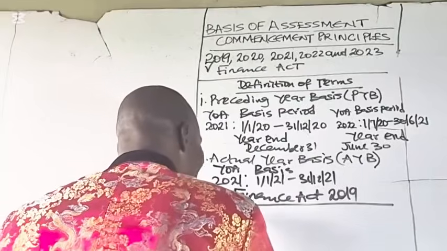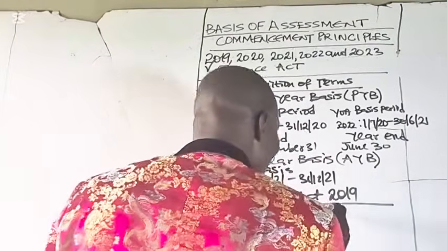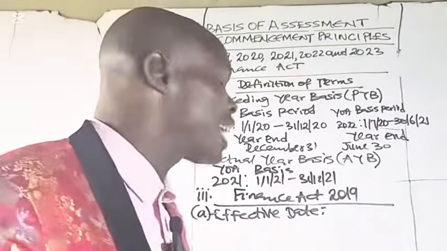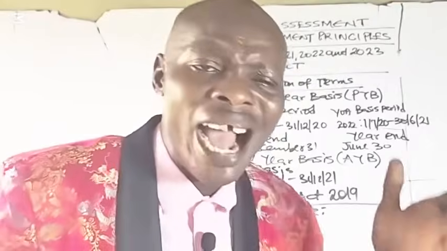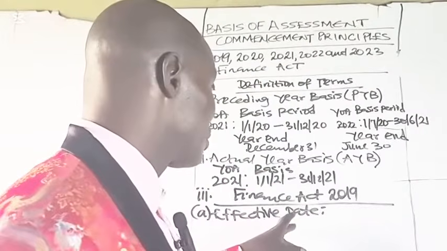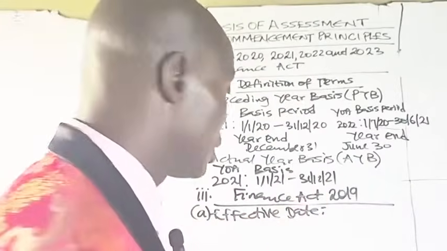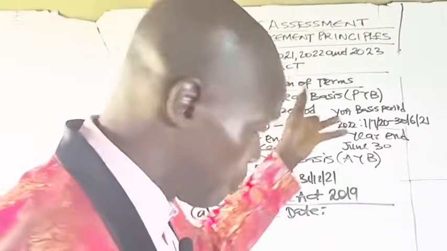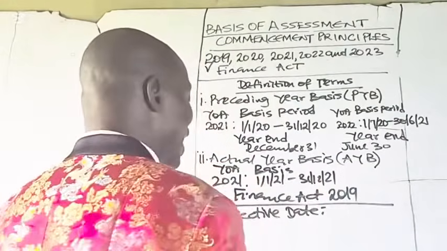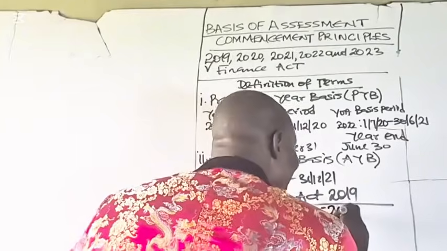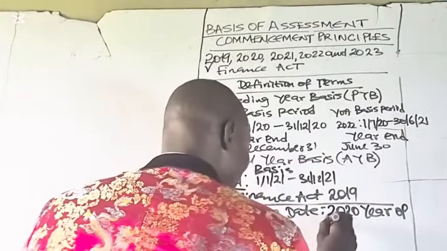Effective date. That is, when this Finance Act became effective. It means if the year of assessment comes before year 2020, the old rule will still be applicable. Therefore, the effective date of the 2019 Finance Act is 2020 year of assessment.